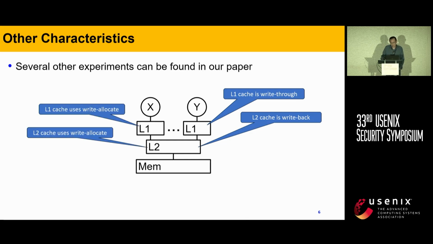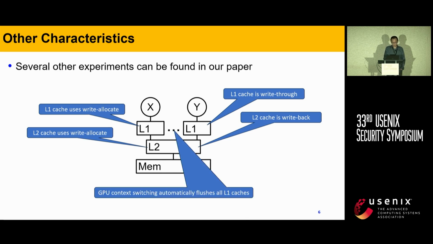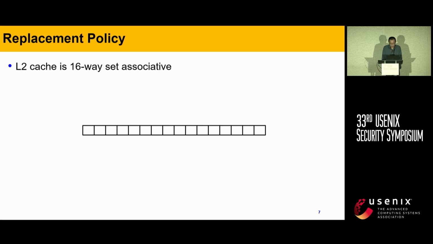We also prove that when a write operation misses in L1 or L2, the corresponding block is fetched and put in the cache, which is known as the write-allocate policy. More interestingly, we discovered that GPU context switching automatically flushes all the L1 caches, but not the L2. Because of the auto-flushing behavior, L1 will not be a problem, even though L2 is non-inclusive.